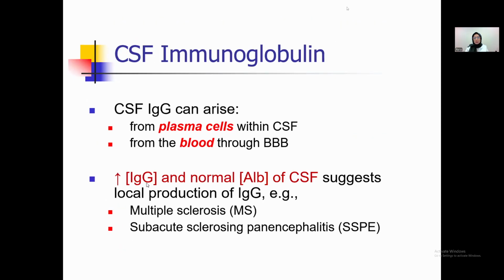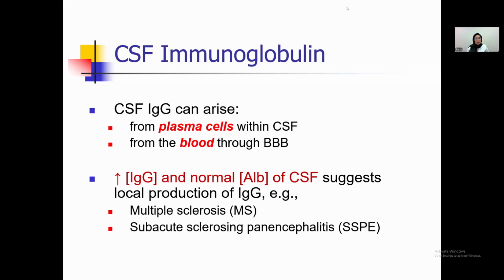So from here we can know. This is what we do in the lab. At the beginning, we study the protein in general. If we find the protein high, we start to study the subtypes, albumin and immunoglobulin. The protein is already high, but is it high due to albumin or due to immunoglobulin? If albumin is normal while the protein is high due to immunoglobulin, that means there is local production, and mainly it's multiple sclerosis.